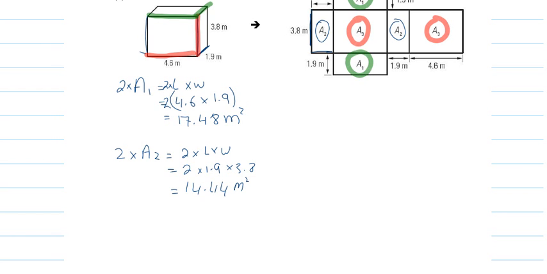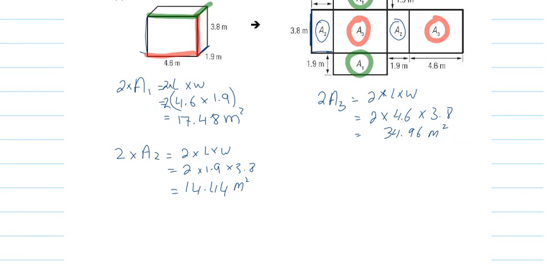And I have 2 A3s, so it's going to be 2 times length times width, which is going to be 2 times 4.6 times 3.8, and that is equal to 34.96 meters squared. Are we okay with this?